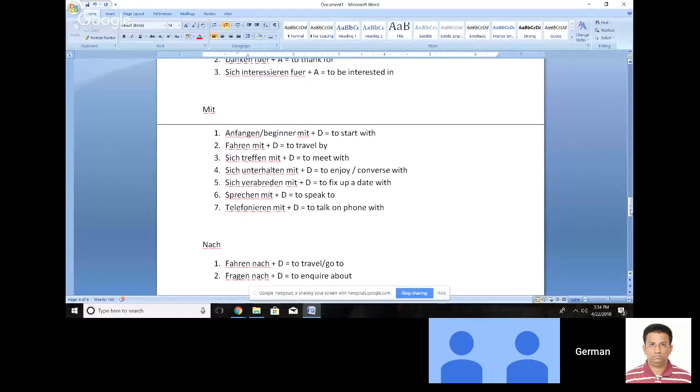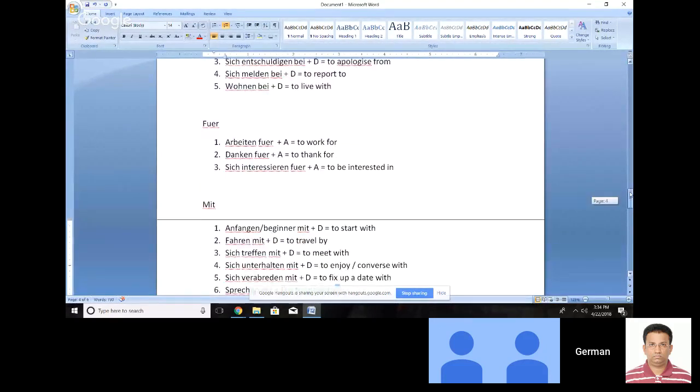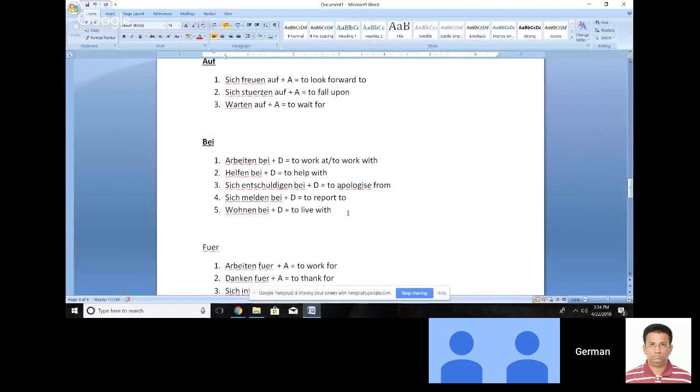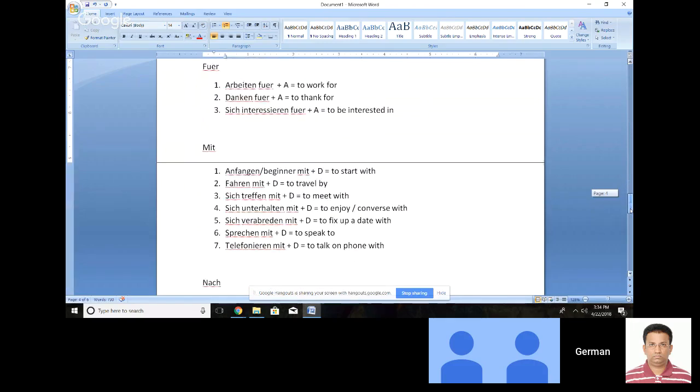But in bei, we have wohnen, which means to live with. But with means mit, that's why you might be thinking it is mit. But wohnen has bei as a fixed preposition. That's why it is bei and not mit.